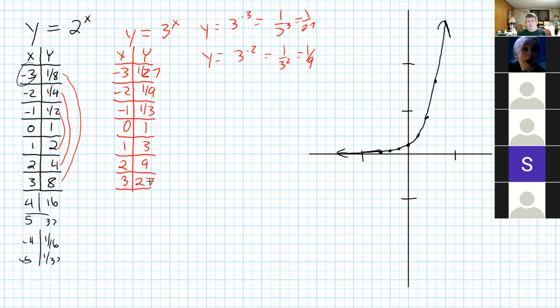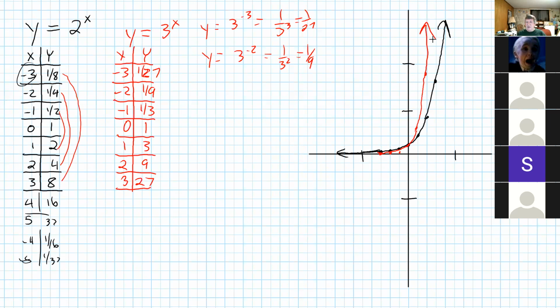And I'm skipping the calculations there, but hopefully you could see that it'll produce those similar answers. So now, when x is -3, y is 1/27, and 1/9, 1/3. Here we're at 1, and then at 3, and then at 9, and then way up at 27, which is off the graph that I've provided here.